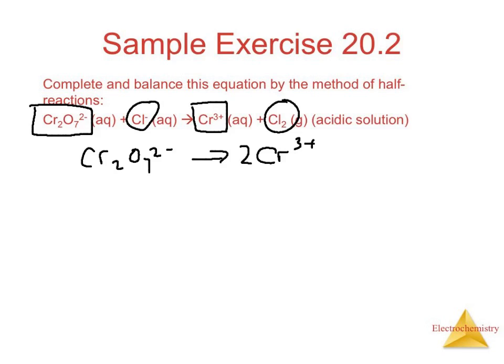Now again, there are no oxygens on the right side, so what we have to do is bring water into this reaction. There are 7 oxygens on the left side, so I'm going to put 7 water molecules on the right. That'll balance my oxygens, but now I have hydrogens that kind of came out of nowhere, 14 of them, so now I need to put 14 H+ on the left side.